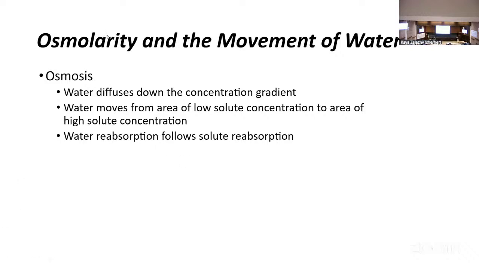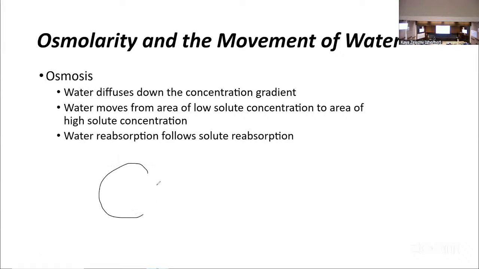So we can draw that just real quick. If you have a lot of water somewhere, that means you only have a little solute. If you have a lot of solute, that means you only have a little bit of water.